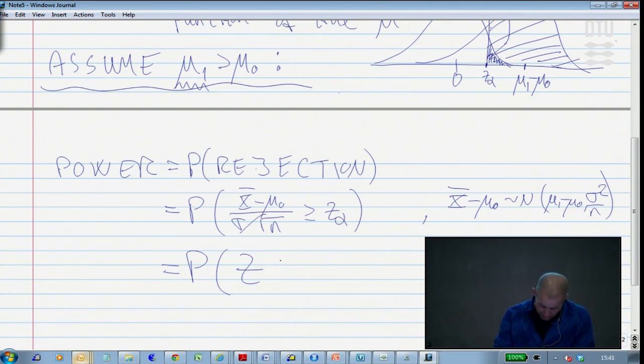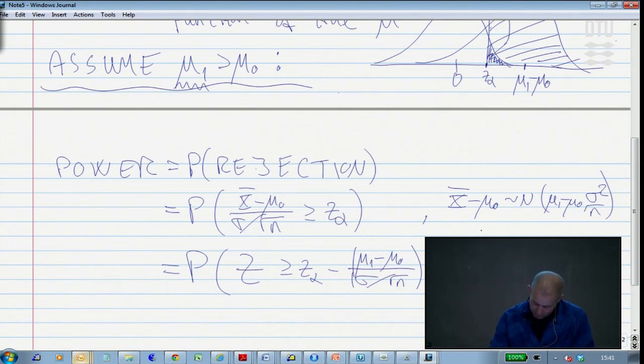So this is like taking the probability for a standard normal of being above this critical value minus the mean of this one, and the mean would be mu1 minus mu0 over sigma over root n.